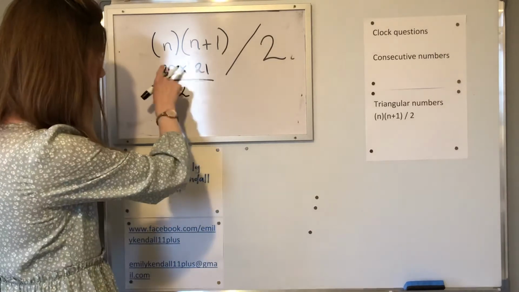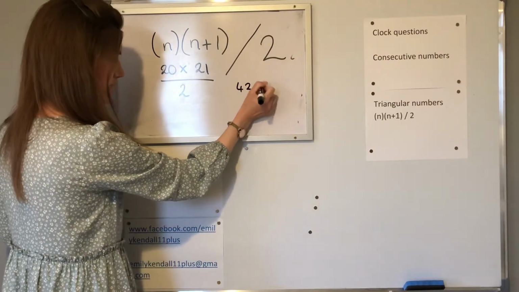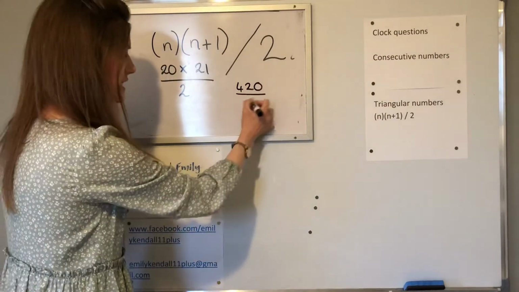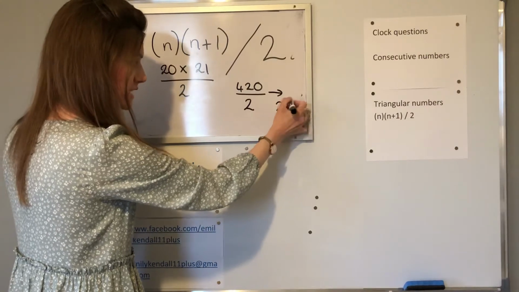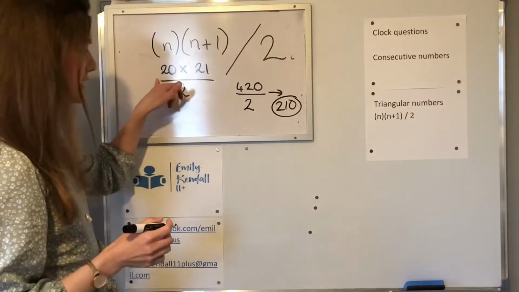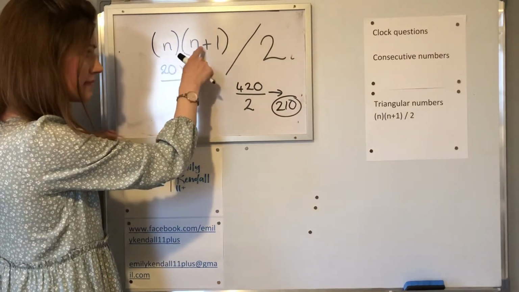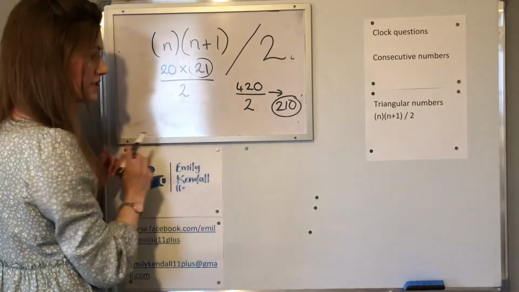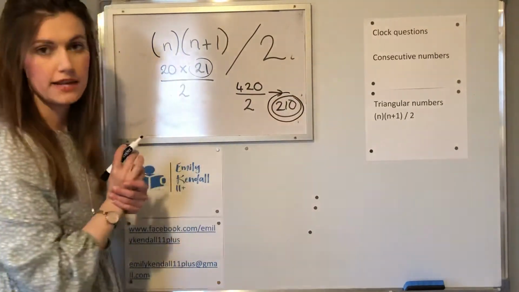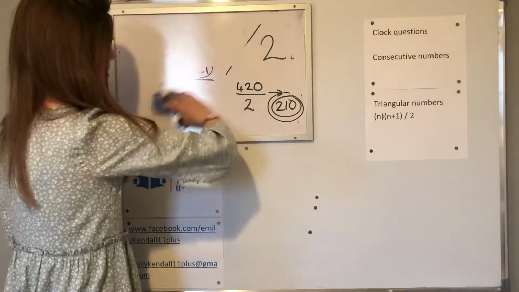Okay, so 21 times 20 is 420. Divided by 2 gets you to 210. Okay, so the 20th triangular number, 20 times 21, divided by 2, is 210. And that's how you would find any triangular number in the sequence.